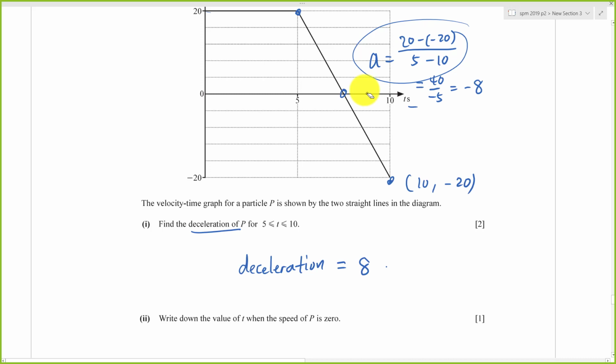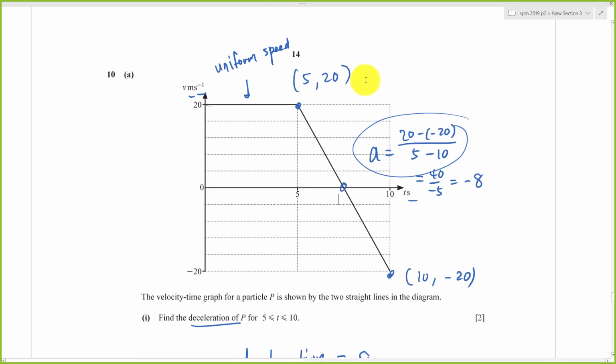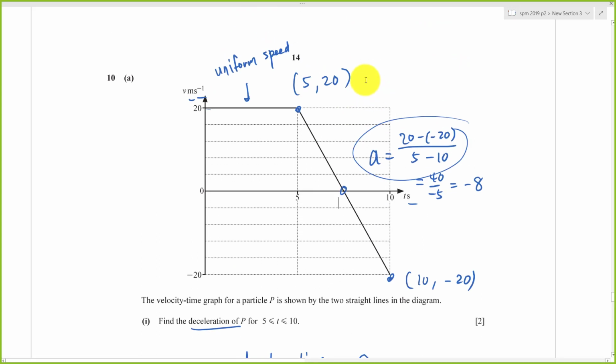Can we just guess 7.5 is the middle? If you cannot guess, how are we going to get this value? Okay, you can do something like this if you don't want to guess. Because over here we know the acceleration must be constant because it's a straight line. So negative a is a constant value because it's a straight line, or else it will become a curve.